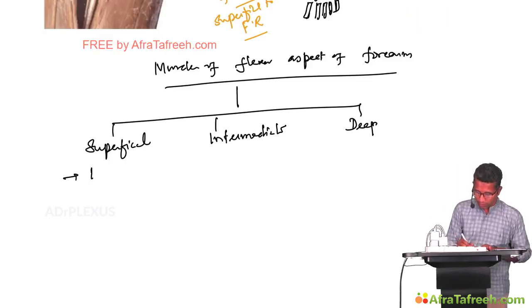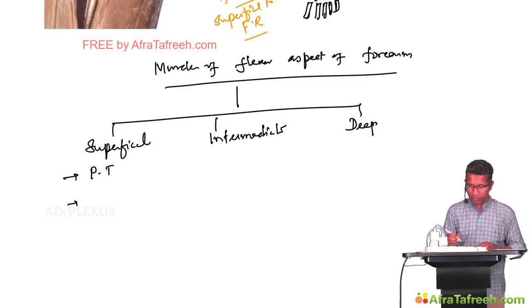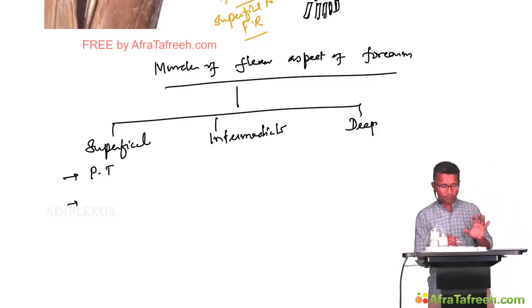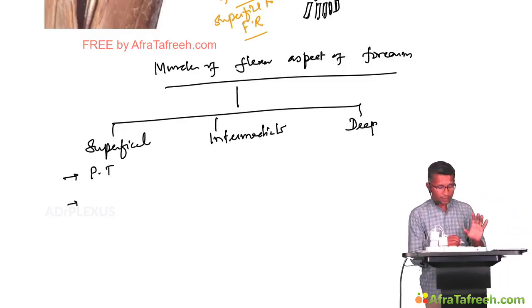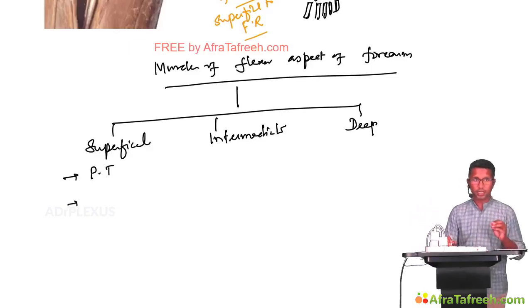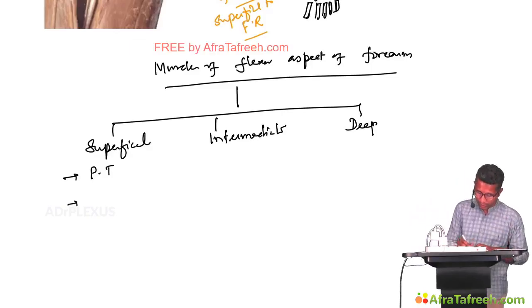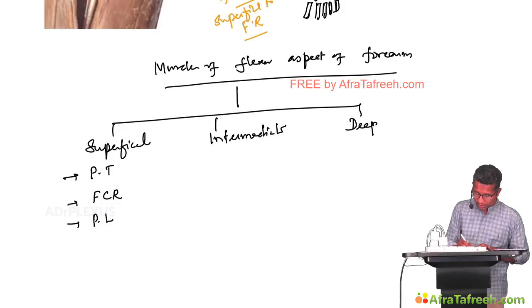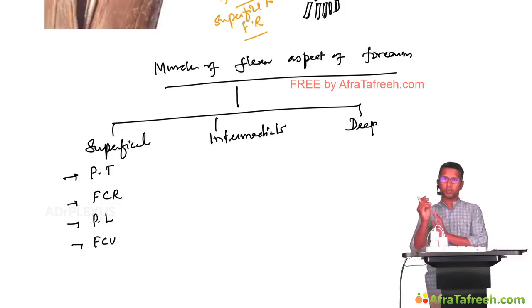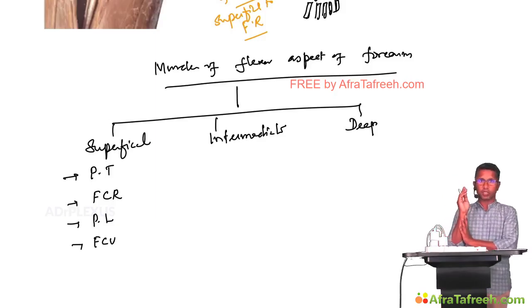One is called as the pronator teres muscle. See, I am writing in short form for the sake of time, so you should not write like this. So you understand the muscles. So one is called as pronator teres. Next one is called as flexor carpi radialis. Next one is called as palmaris longus, and the last muscle is flexor carpi ulnaris. These are the 4 muscles in the superficial layer of the flexor aspect of the forearm.